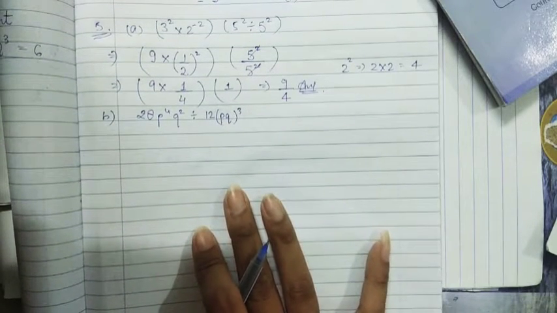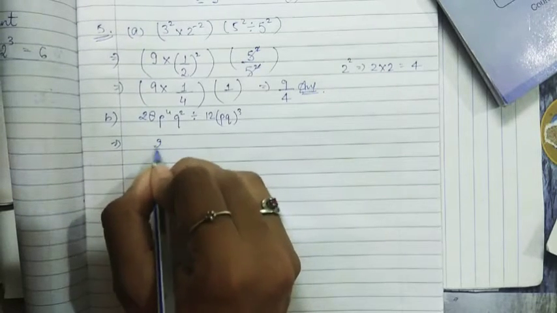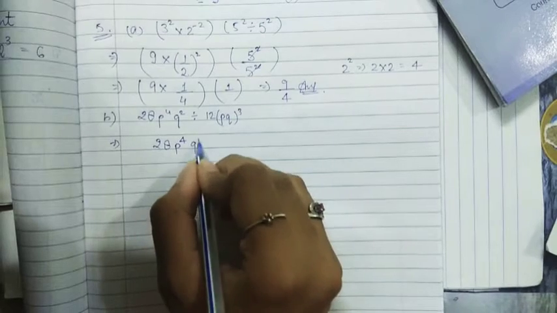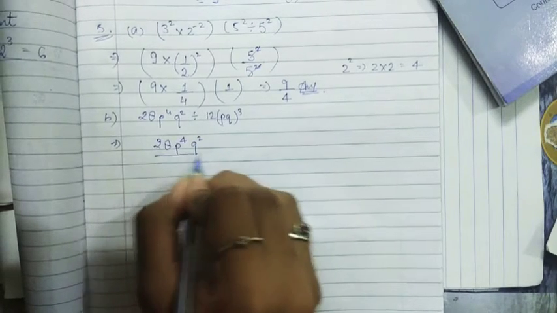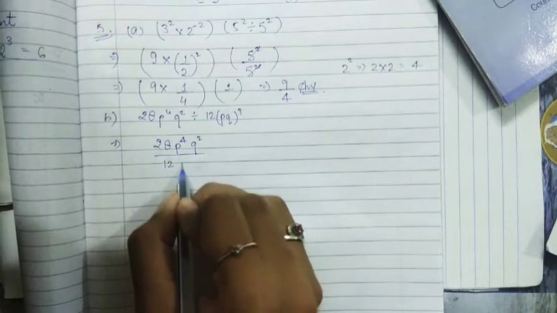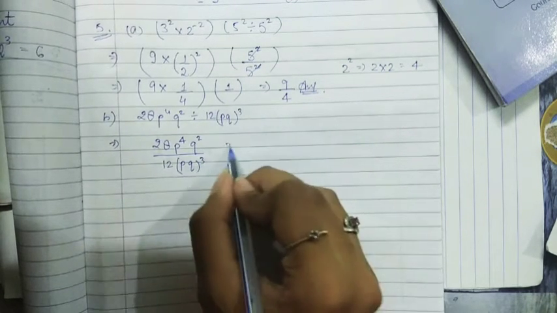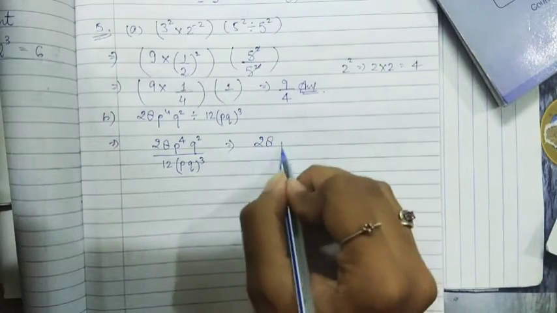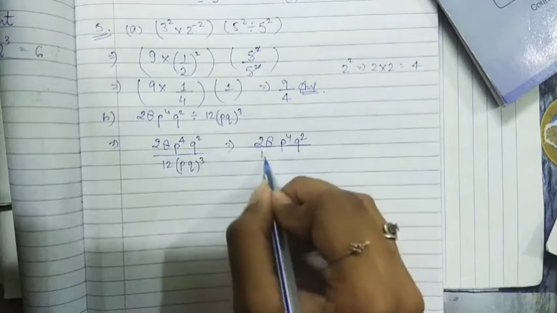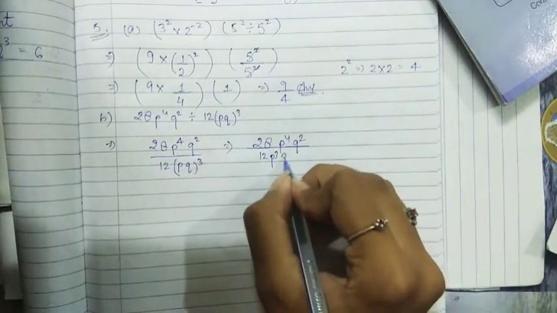So here we have the B part, so solve it. In this we have to write 28 p to the power 4 q to the power 2, now divided by 12 and (pq) whole power 3. It means we can write here also as upon 12 p to the power 3 and q to the power 3.